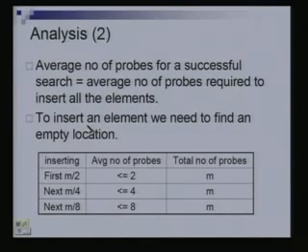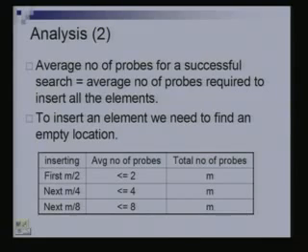When I'm inserting an element, I need to find an empty location again. Now suppose I begin with an empty table and I am looking at the number of probes required to insert the first m by 2 elements. Size of the table is m. Let's assume m is 100. I'm talking of inserting the first 50 elements.